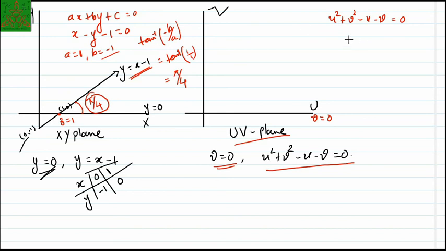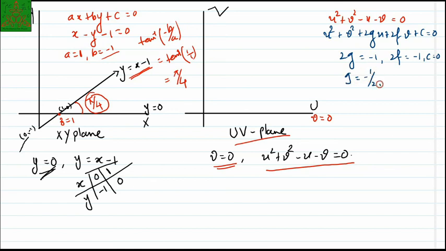So this is of the form u square plus v square plus 2gu plus 2fv plus c equal to 0. If you compare this equation with this, you will have 2g equal to minus 1, 2f equal to minus 1, and c will be 0. So your g is minus 1 by 2, f is minus 1 by 2 and c is 0.